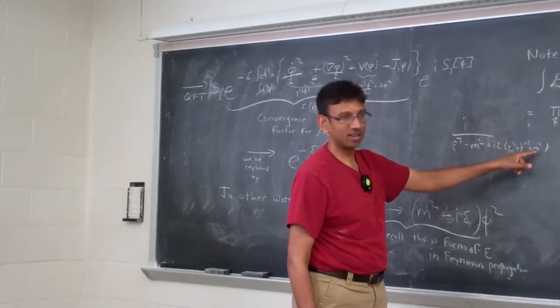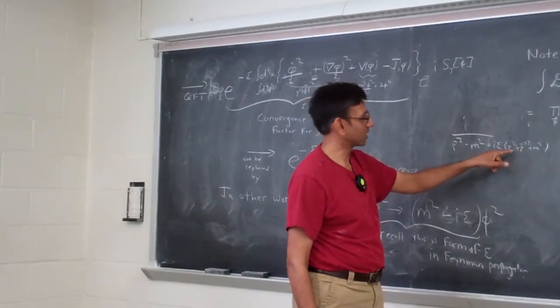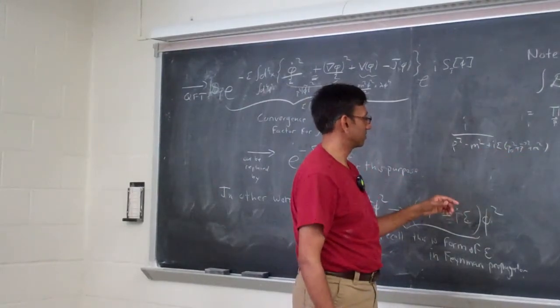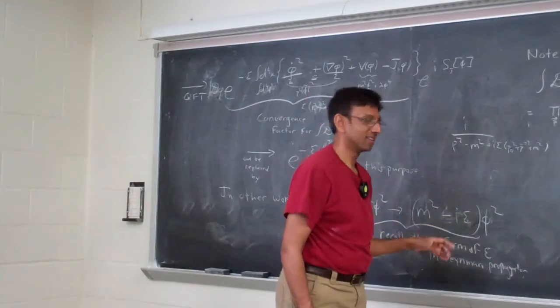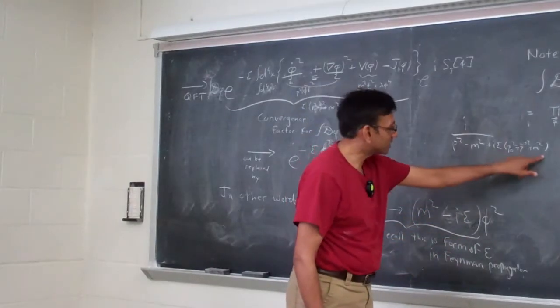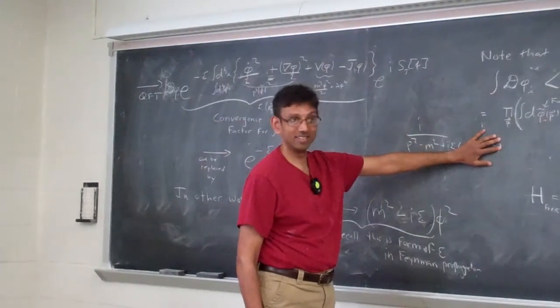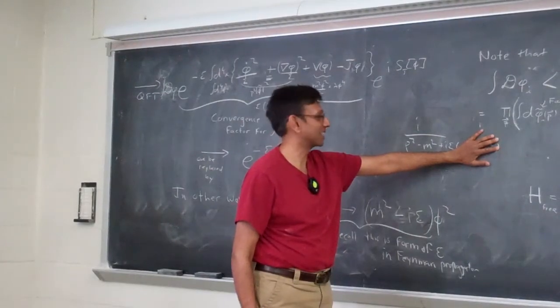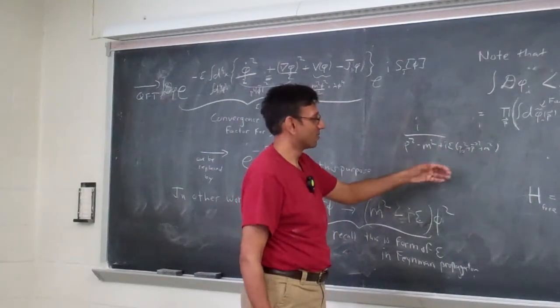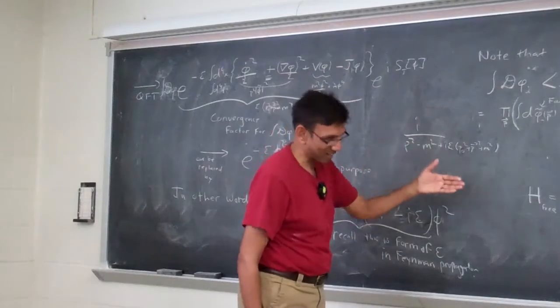No matter what the p's are, and the m is always there, this is always positive, and epsilon is tiny. Whether I keep this or abandon it is irrelevant, because I'm taking the limit as epsilon gets smaller and smaller.